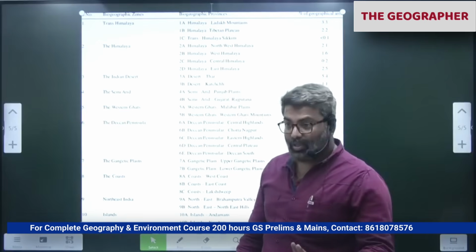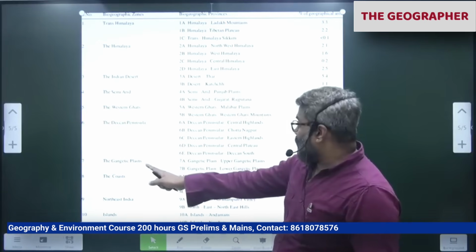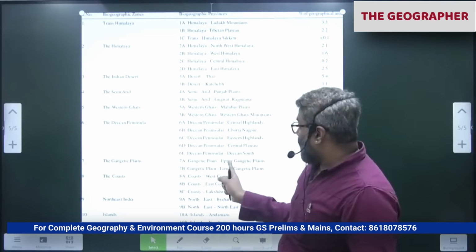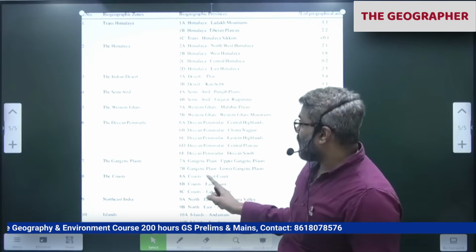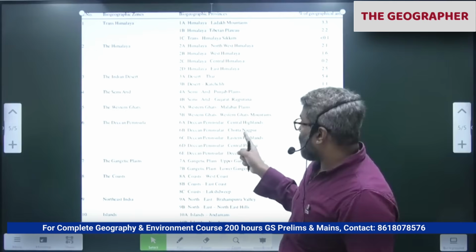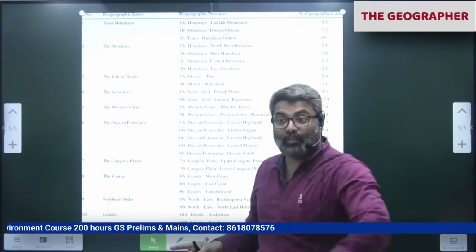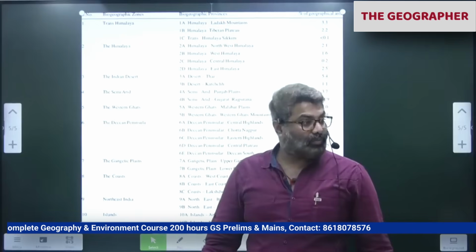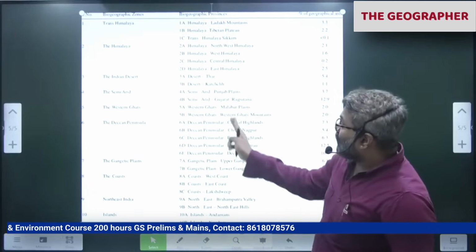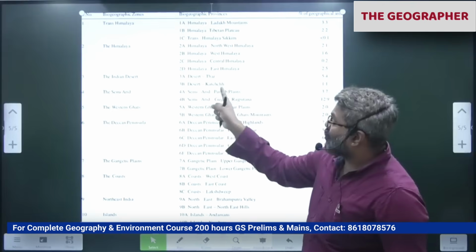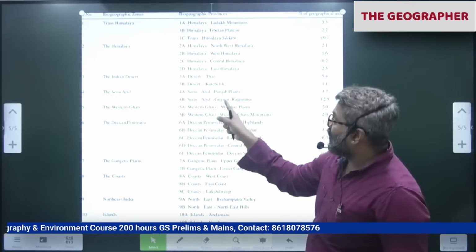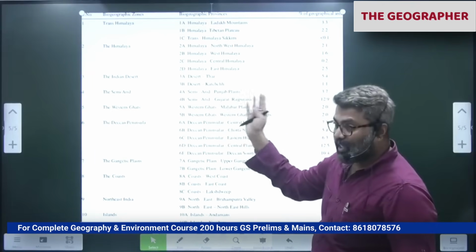Sub-zones. Clear to all? For example, you notice Gangetic Plain. Gangetic Plain is divided into Upper Gangetic, Lower Gangetic. Easy. Deccan Peninsula: Central, Chota Nagpur Plateau, Eastern, Central Deccan. Remember, all this we have covered in physiographic zones. None of these terms are new to you because already you know. Indian Desert, Thar, Kutch, I have covered. Semi-arid: Punjab, Gujarat, Rajputana, that is Rajasthan.